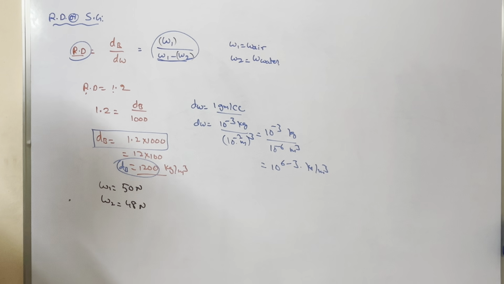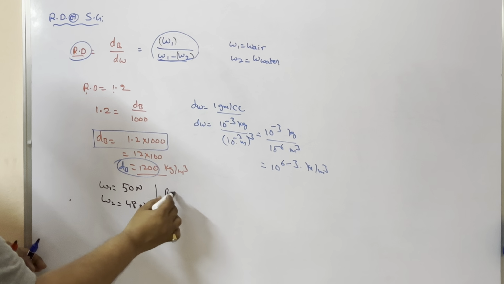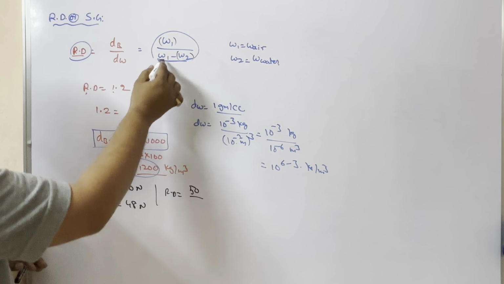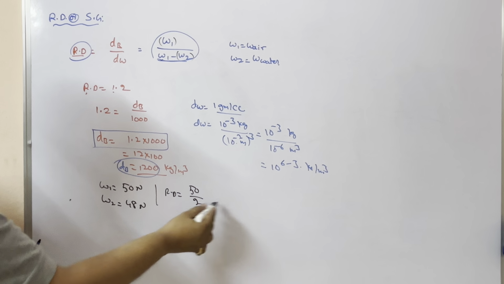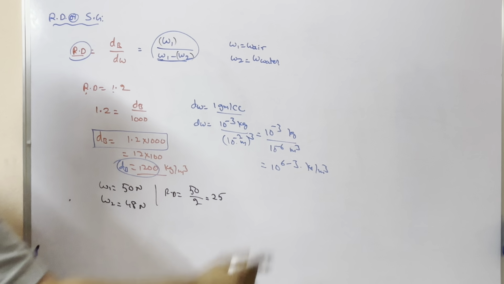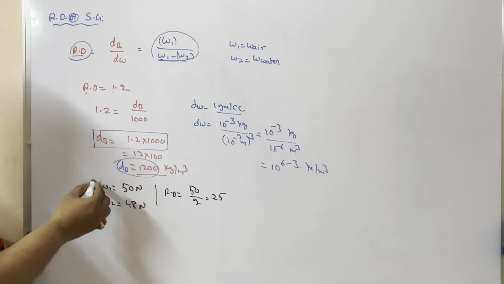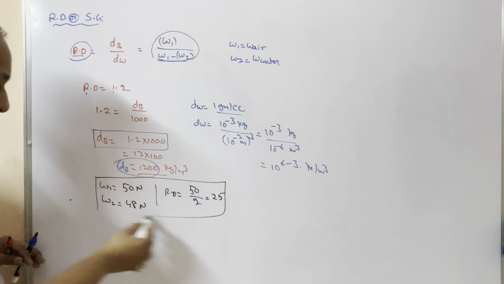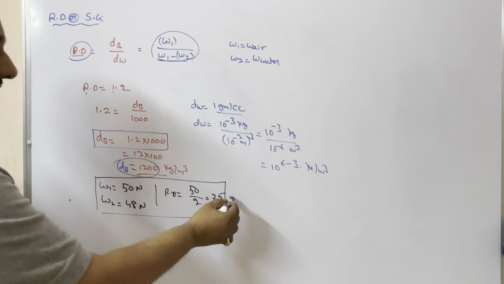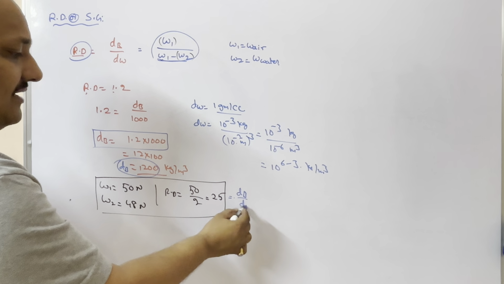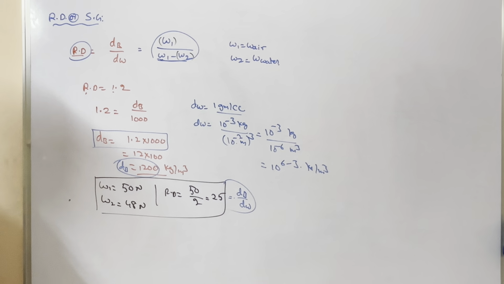Then the relative density of the body is 50 divided by 50 minus 48, so 25 you are going to get, isn't it? Like this they are going to give for you. At that time again you can calculate the density of the body from the density of water. So in so many ways you can get it.